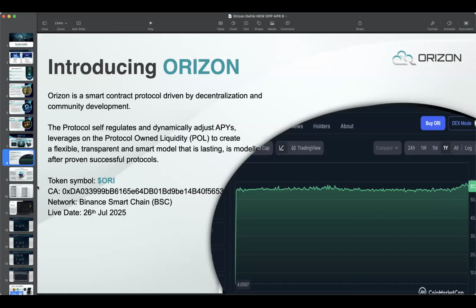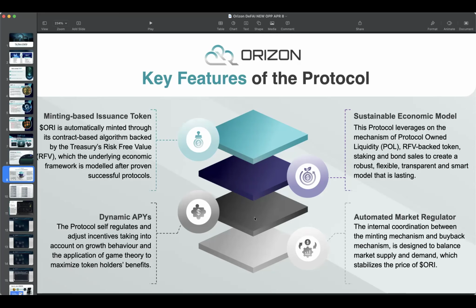So what this automated market regulator basically does is, when people sell their tokens, in other words, you dump for USDT, the AI instructs the treasury to take money from the treasury and go and buy the dump tokens.